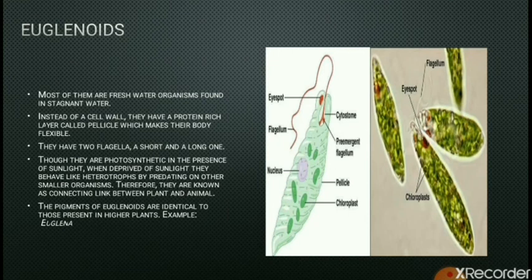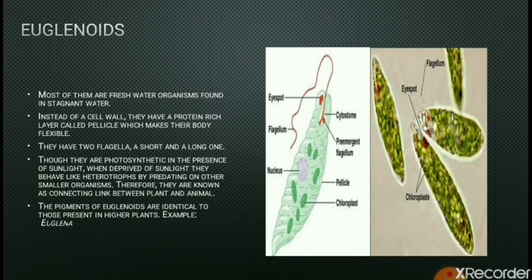They have two flagella, a short and a long one. They are photosynthetic in the presence of sunlight. When deprived of sunlight, they behave like heterotrophs by preying on other smaller organisms. Hence, they are also considered as the connecting link between the kingdoms Plantae and Animalia.